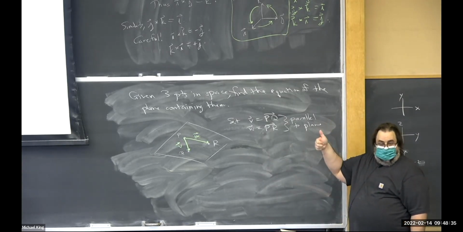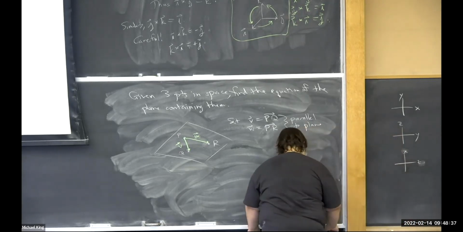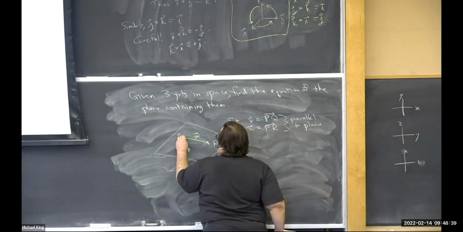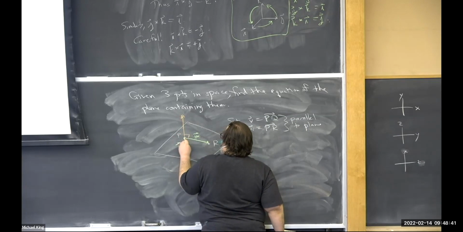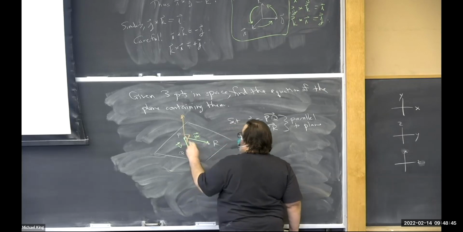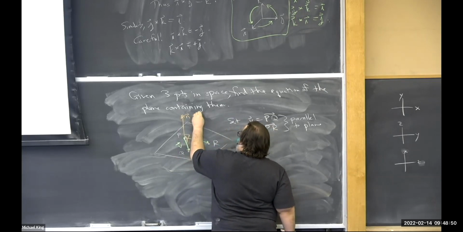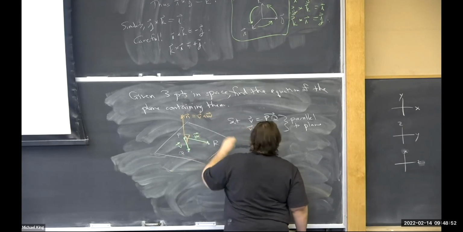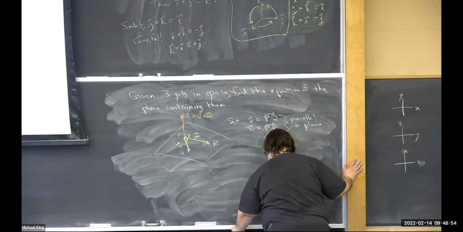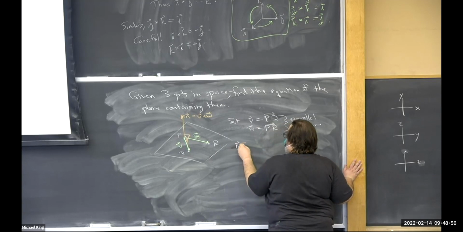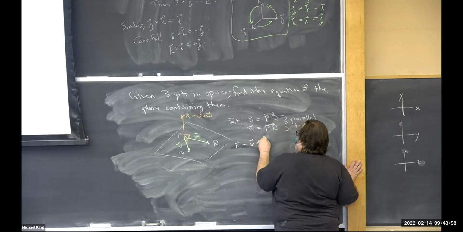We get a vector perpendicular to the plane. So N is V cross W, the normal vector.